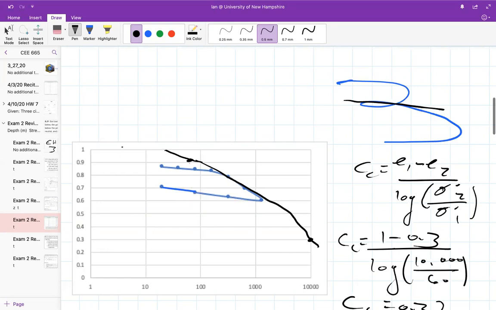So what we're going to do is draw a line like this. From this line, we're going to pick another value at 10,000, because it's an easy place to get things, and then pick a value from right here, so just from both ends of the line.